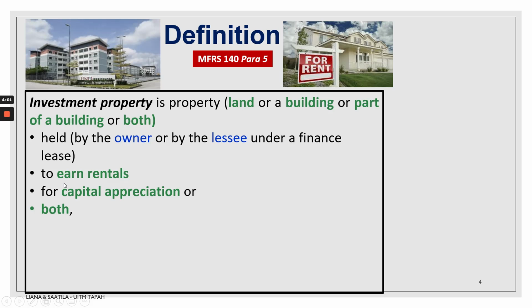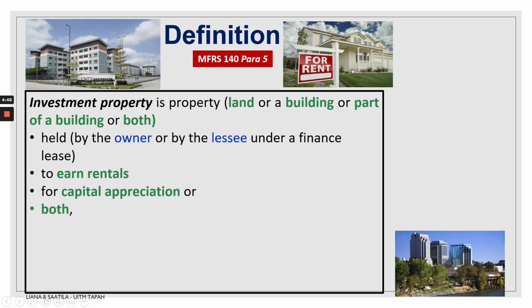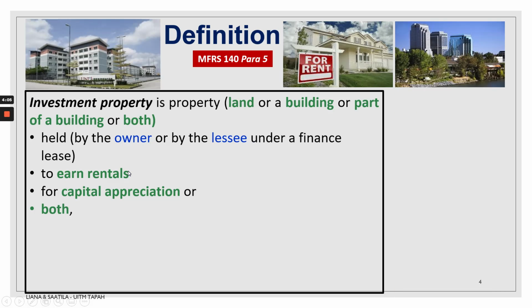Or for both, which means you acquire a property or a building for both intentions, the purpose of earning rentals as well as for capital appreciation. That was the meaning of the term both here.